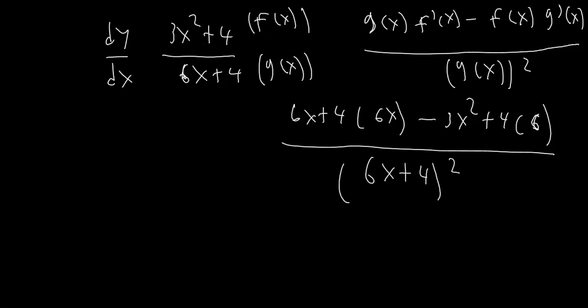Now we can simplify this to 36x squared plus 24x minus 18x squared plus 24.